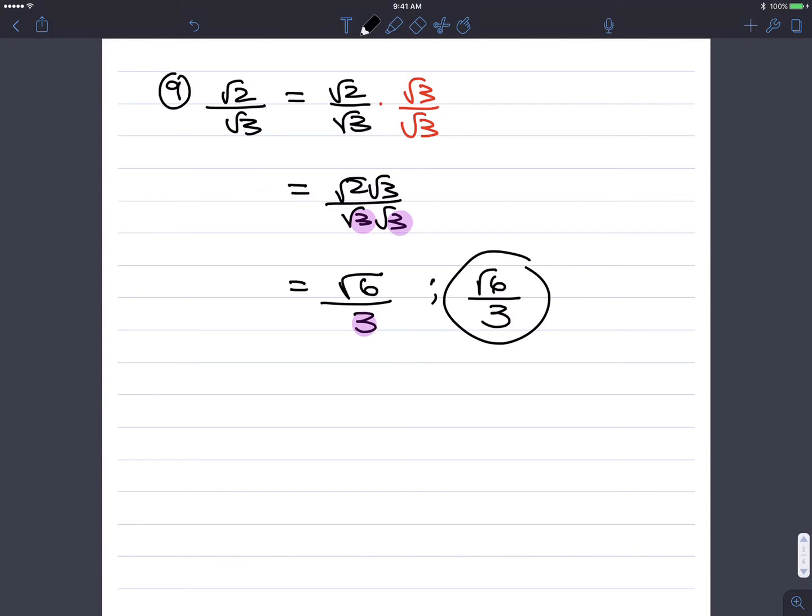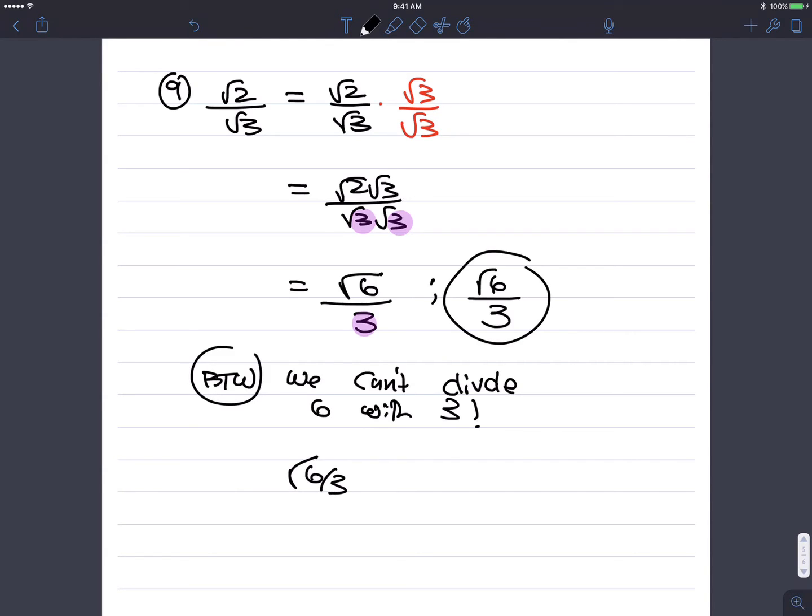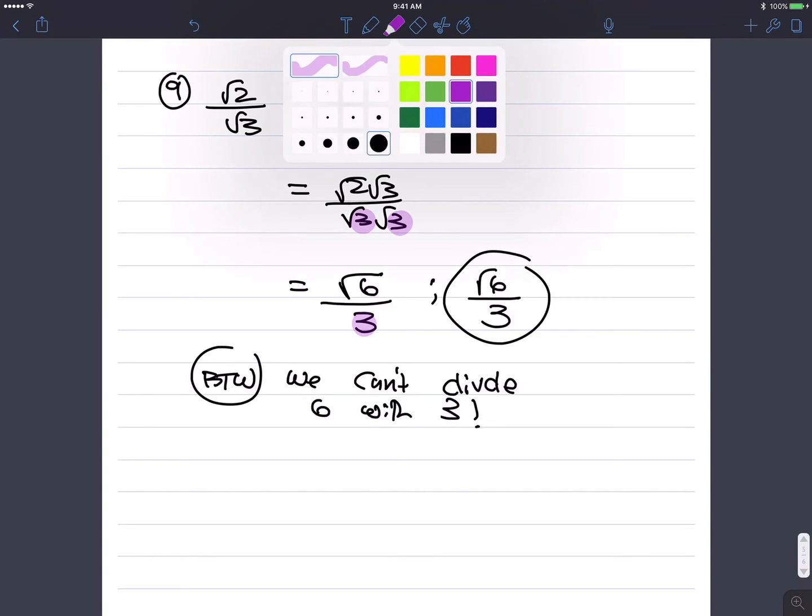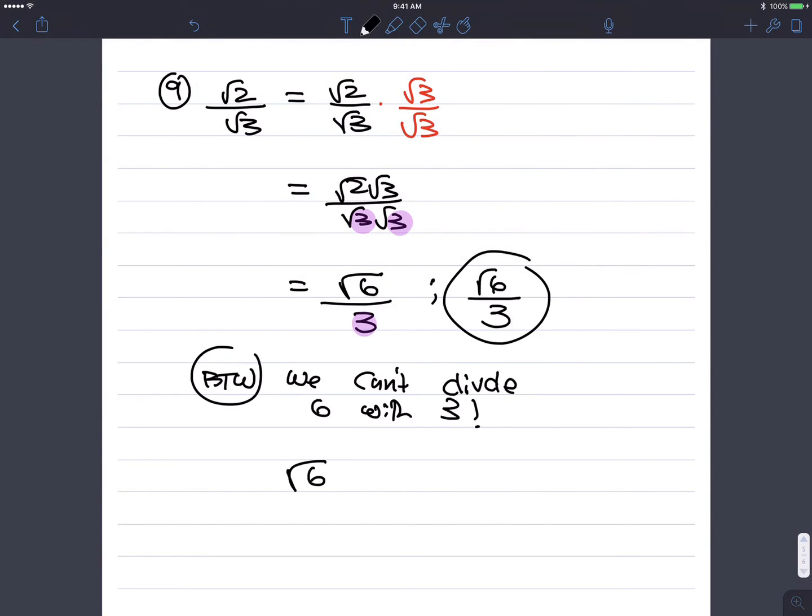And I'm going to say something here to you, by the way. We can't divide 6 with 3. Sometimes students think, oh, this is 6 divided by 3. In other words, the radical here on top gets confused with the quotient rule.